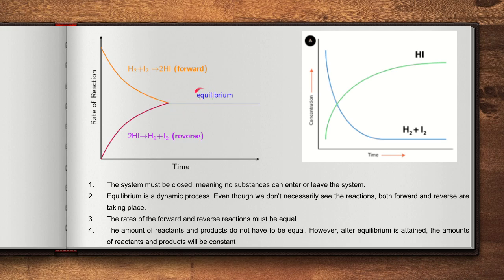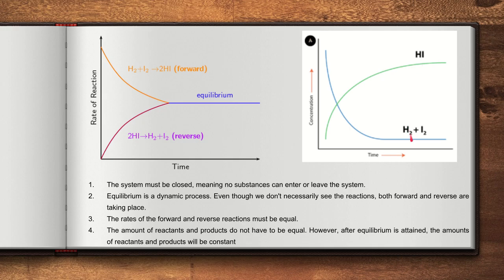So when we get a flat line on a graph like this, that's because equilibrium has been reached and the concentration is not changing anymore. So in this case, the amount of reactants and products is the same. But in this case, let's say the amount of H2 and I2 fell, but the amount of HI rose.